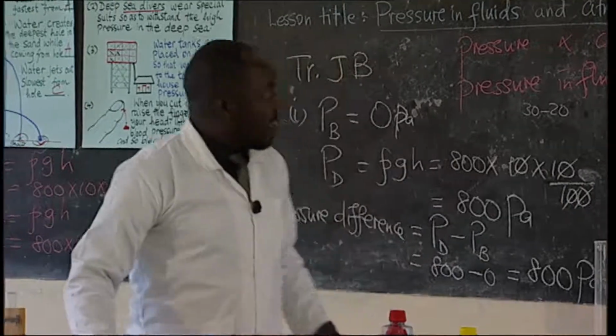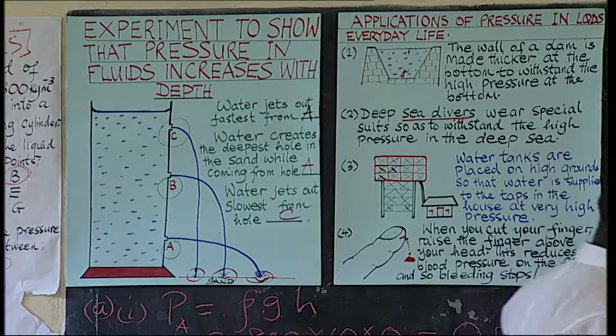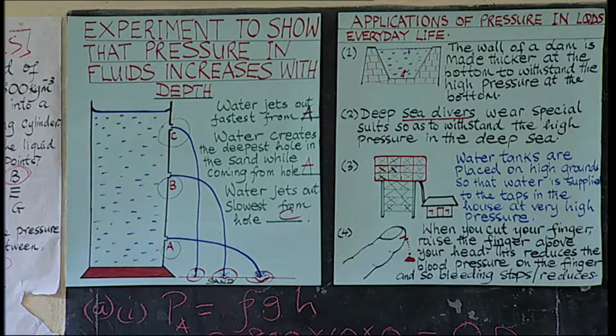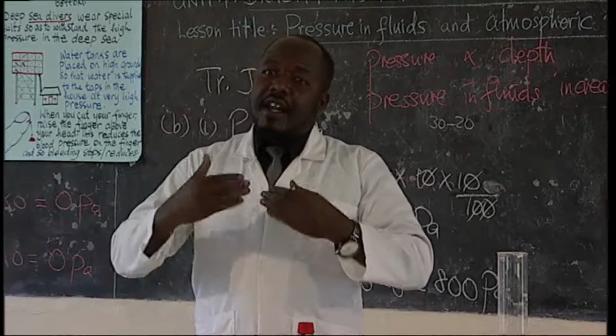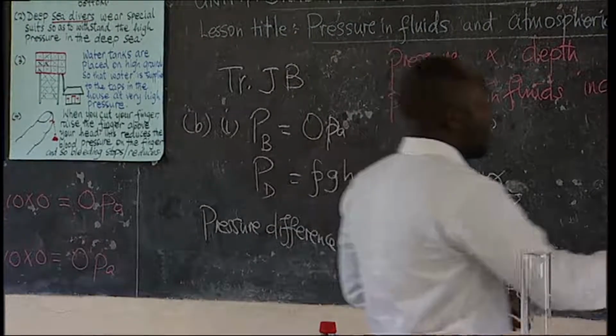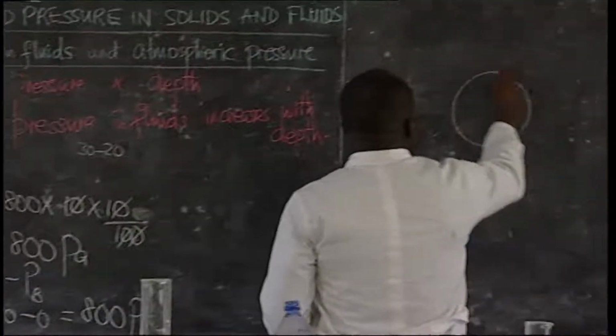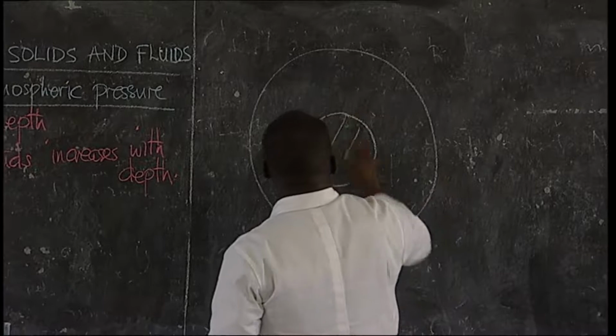Then the next idea that we want to look at is atmospheric pressure. Remember, all of us on Earth, we are like at the bottom of a sea of gases in the atmosphere. If this is the Earth, the atmosphere is here, surrounding the Earth.